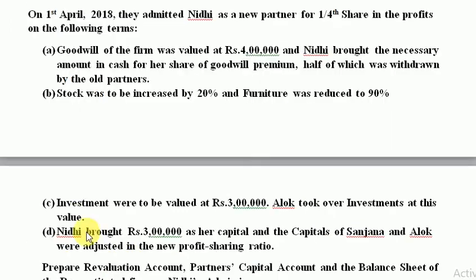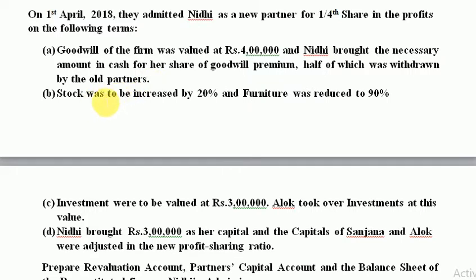The question says, goodwill of the firm was valued at rupees 4 lakh and Nidhi brought the necessary amount of her share of goodwill, that is premium, in cash, half of which was withdrawn by the old partners. So I hope you remember those cases of treatment of premium for goodwill, where we have learned the case where the goodwill is brought by the new partner, and it is simultaneously withdrawn by the old partners.